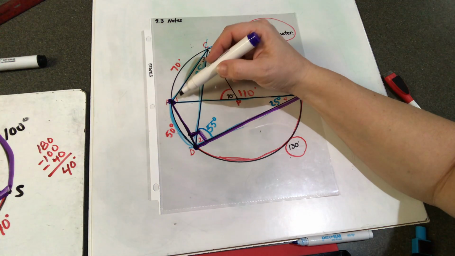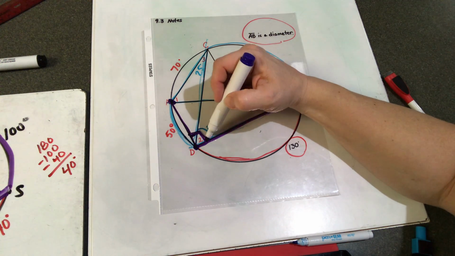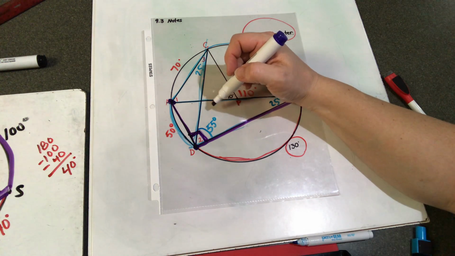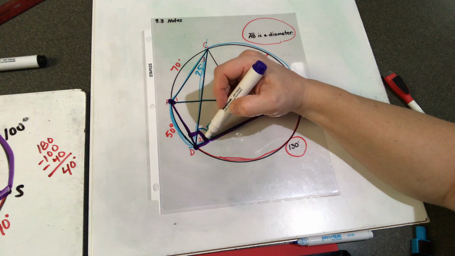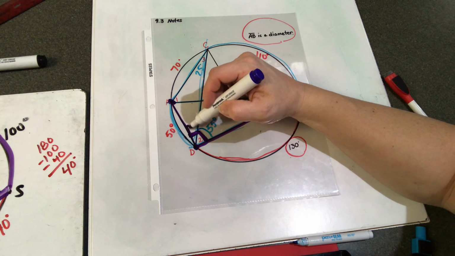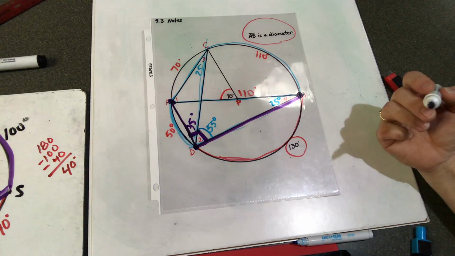Okay, so now we're down to angle 1 here. If this is 90 minus 55, that can help us get this angle. So what would be 35 there?